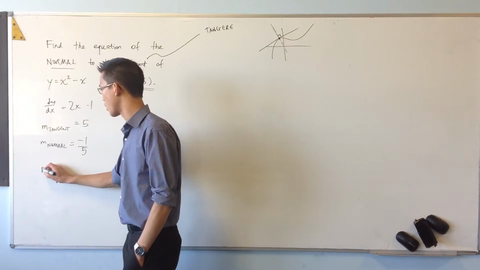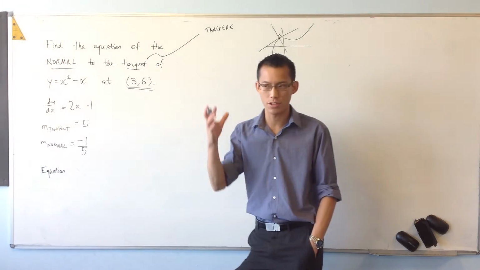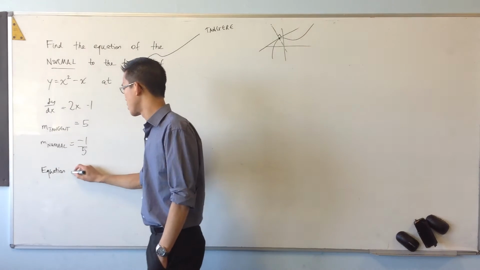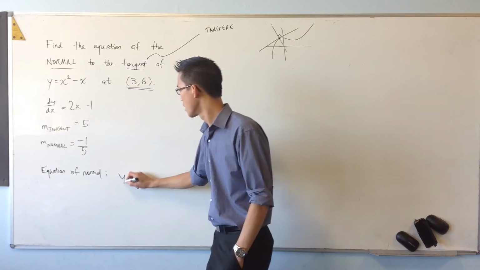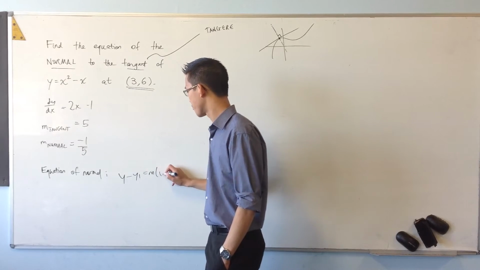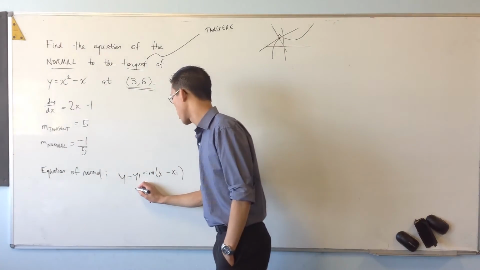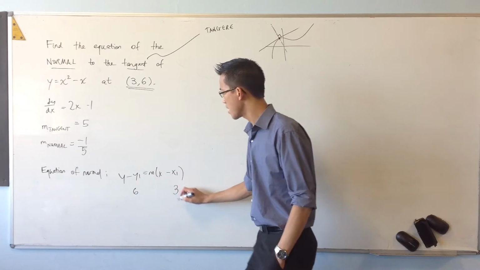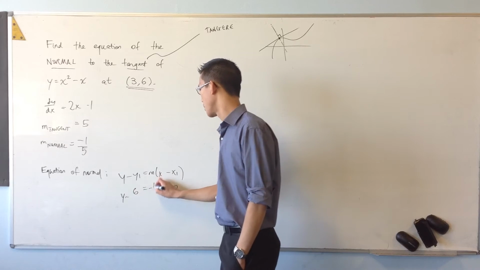Okay, now that you know the gradient of the normal, you just have to put it into the form for the equation, which is point gradient form, right? So the equation of the normal will be given by this. We already know what x1 and y1 are, 3 and 6, and that gradient of the normal is going to come in here.